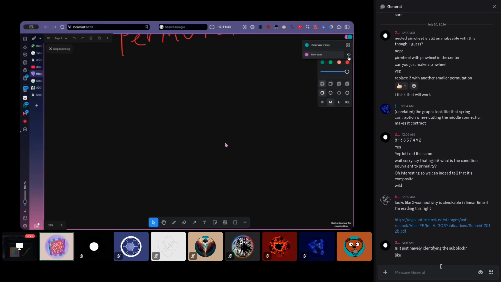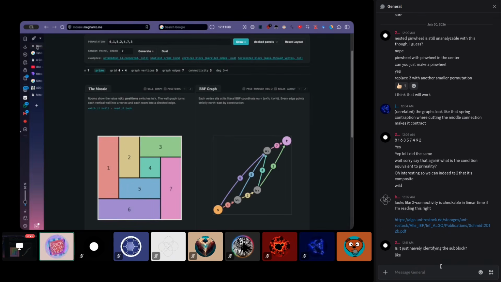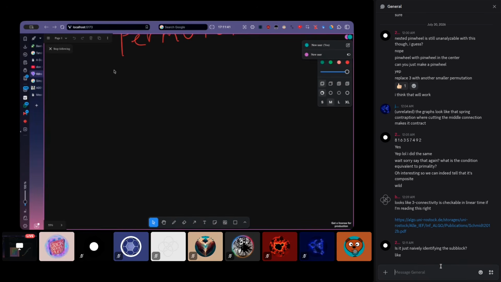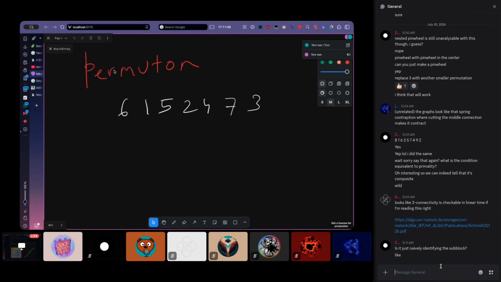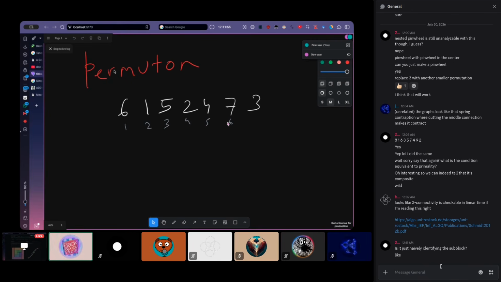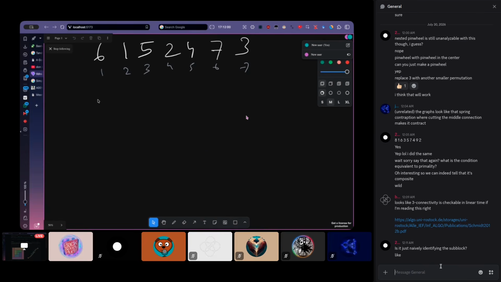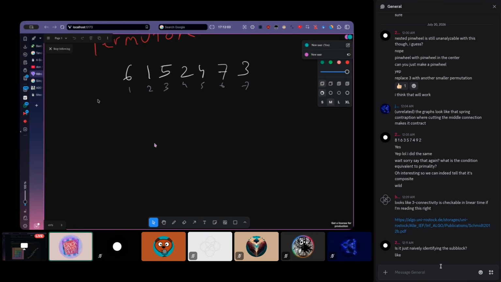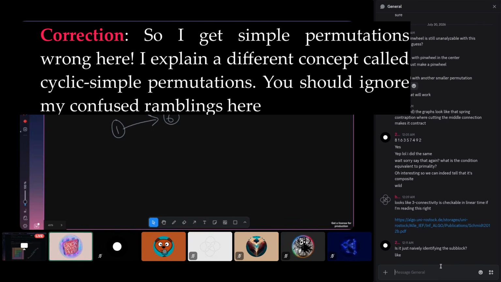Remember what the permutation was? It was 6152473, at positions 1, 2, 3, 4, 5, 6, 7. So what I can do is: 1 moves to 6. Then where does 6 move to? 6 moves to 7.